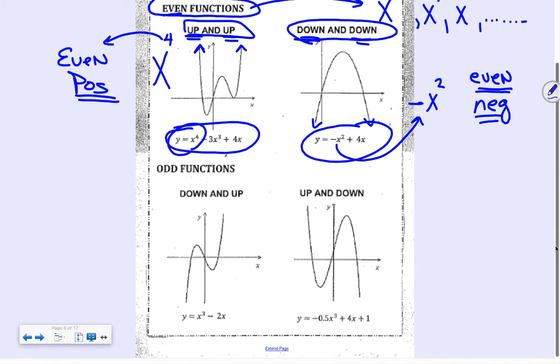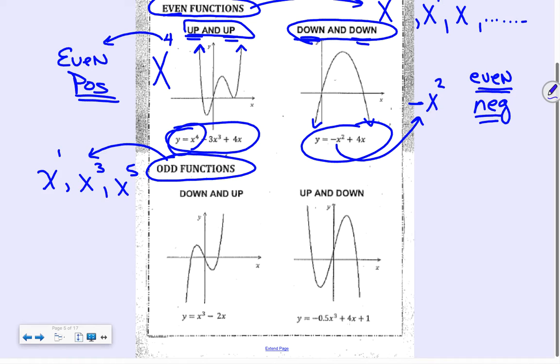Okay, ready? Next would be odd functions. Now, odd functions happen when you have x to the what? X to the 1st, x to the 3rd, x to the 5th, and so on and so on. As long as the degree is odd, it's an odd function.